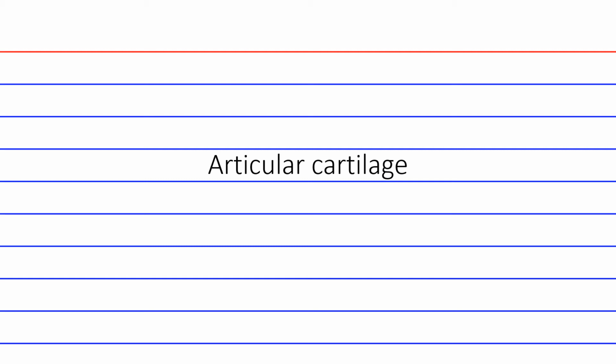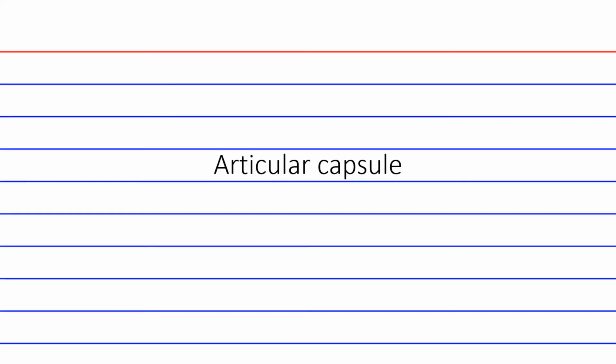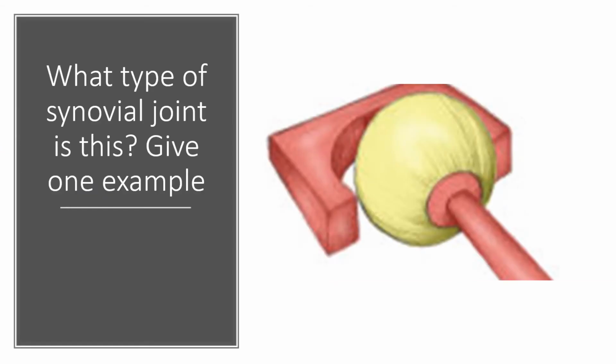The answer is the articular cartilage. Identify part of the general synovial joint at the end of the arrow and don't say ligament. The answer is the articular capsule. All right, now I'm going to ask you to identify types of synovial joints and also give one example.